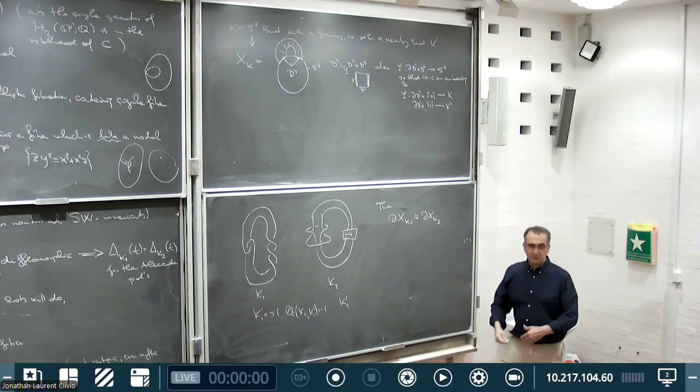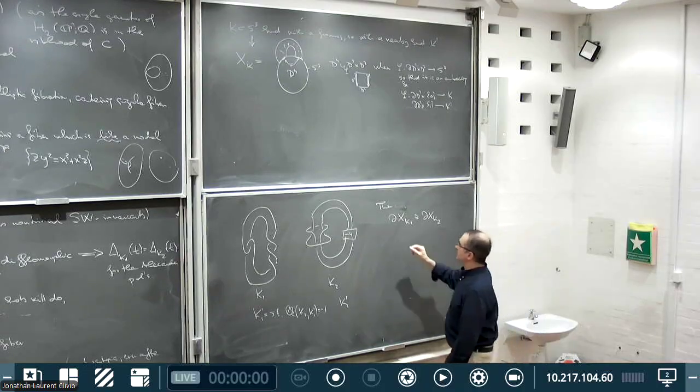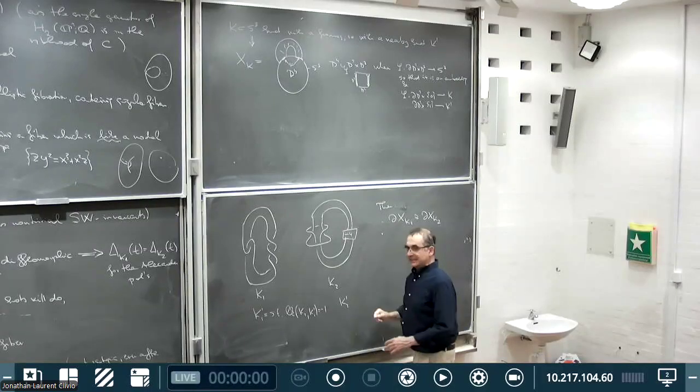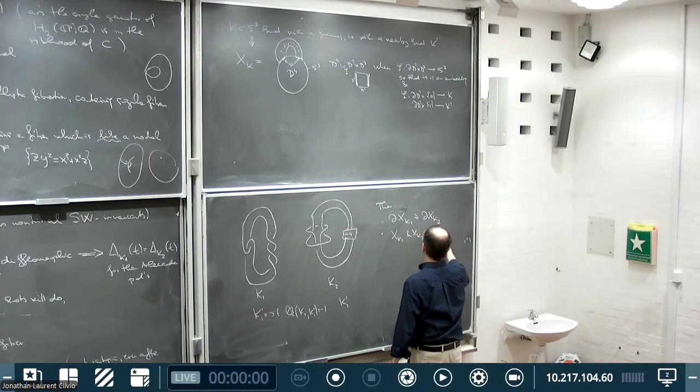So that needs to be checked. It's not very complicated, but this is where Kirby moves and three-dimensional topology come in. Using Freedman's extended theorem, XK1 and XK2 are homeomorphic.